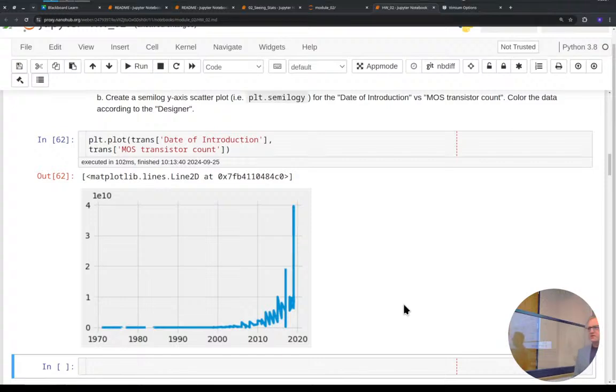If I just try plotting the data, it never hurts to try something, right? If I want to know how this stuff is changing, I get this thing that looks like the world of transistors. Nothing happened until the year 2000 when people slowly started adding transistors to computers, at least on a linear scale, because transistors are kind of area based.